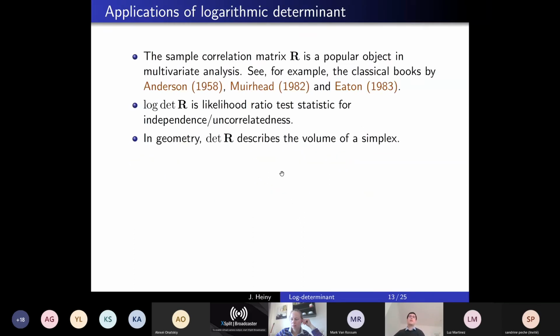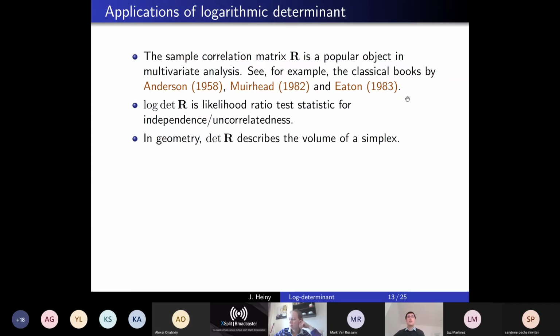Let me just briefly mention some applications of this logarithmic determinant of the sample correlation matrix. First of all, the sample correlation matrix is often used for data analysis, and is a popular object in multivariate analysis. You can refer to some standard textbooks that I've listed here.